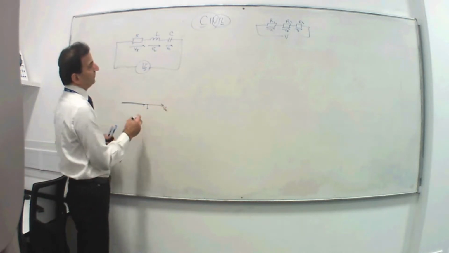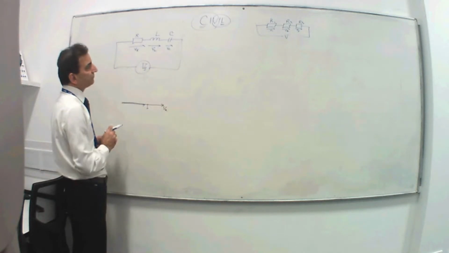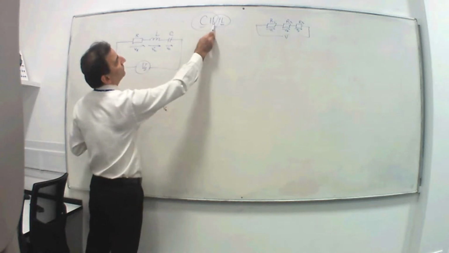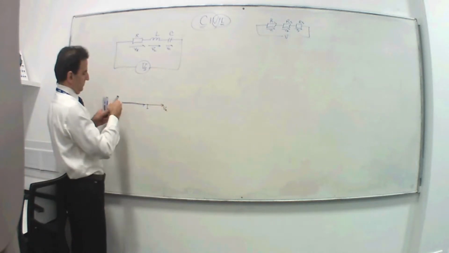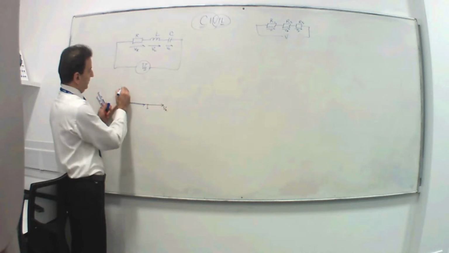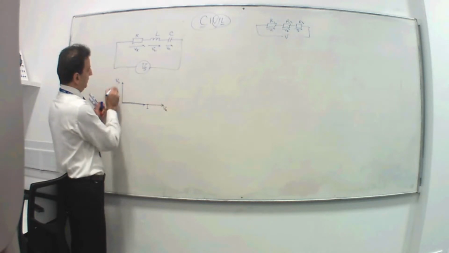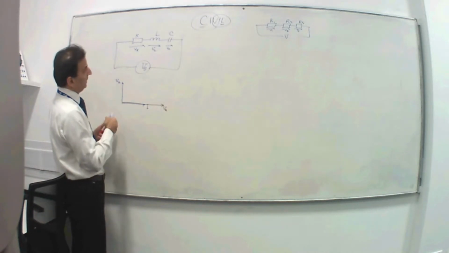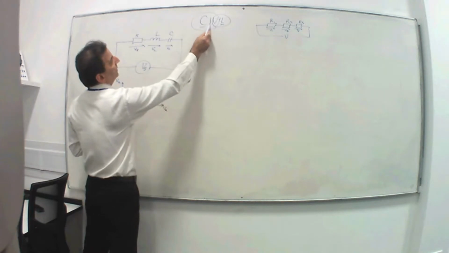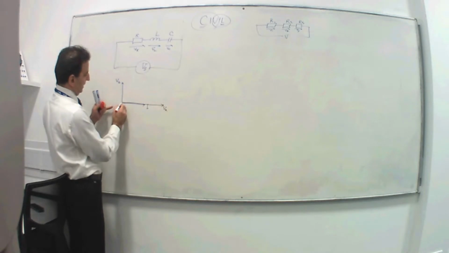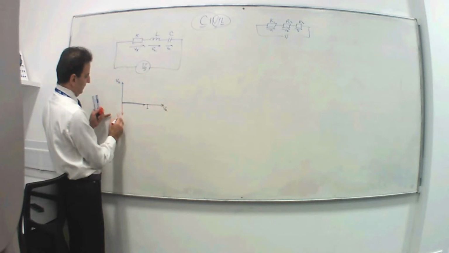From that, we said voltage of the inductor is leading current. I want to draw the VL here, and VC voltage is lagging current, or current is leading voltage. So current is here and voltage is lagging down here, VC.